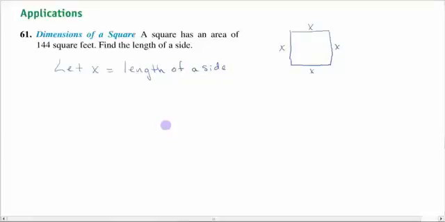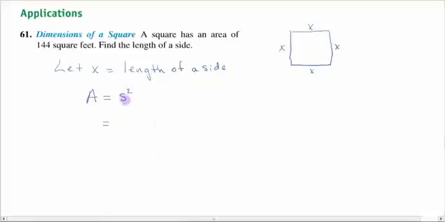So if you have a question about what formula to use, you can always go back there and check that as a reference. But the area of a square is the length of a side squared. That's the area. Okay? So we're using this formula and we're going to put in what we know.